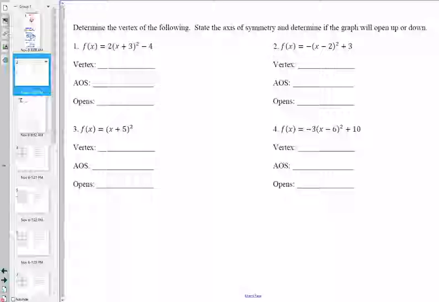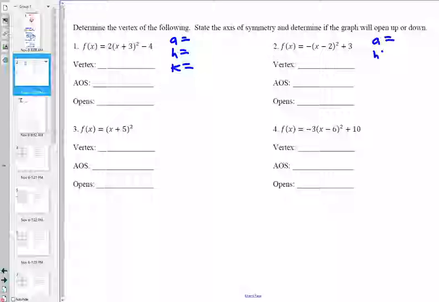The parentheses is the big one. If you want to be more specific, how many x's do you see on every single one? Just one. This f of x doesn't count as an x, it counts as a y. So there's a single x inside of a parentheses, the parentheses being the big thing. Okay, so yesterday we identified A, B, and C. Today, let's identify A, H, and K.